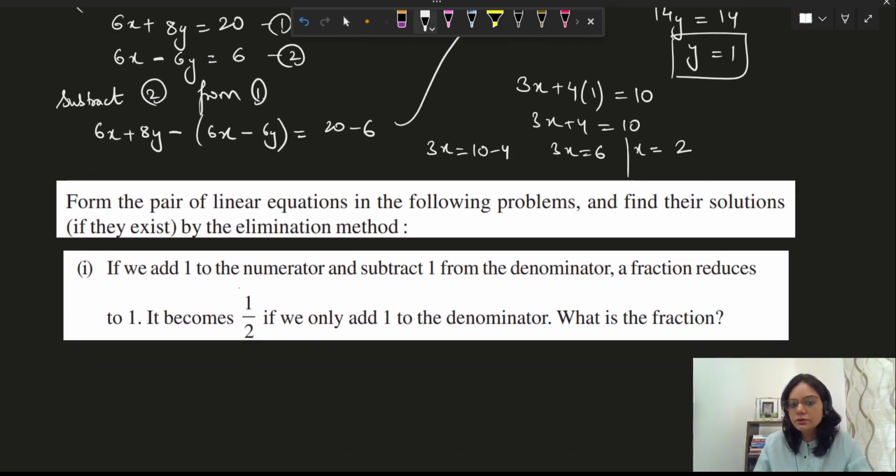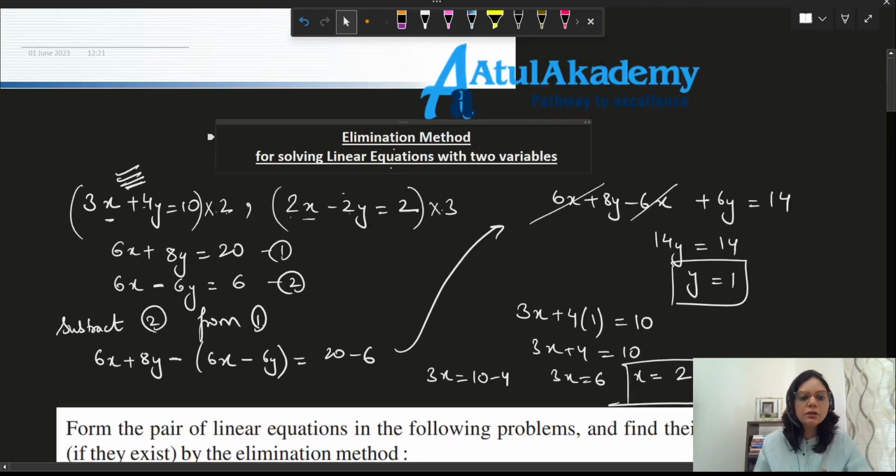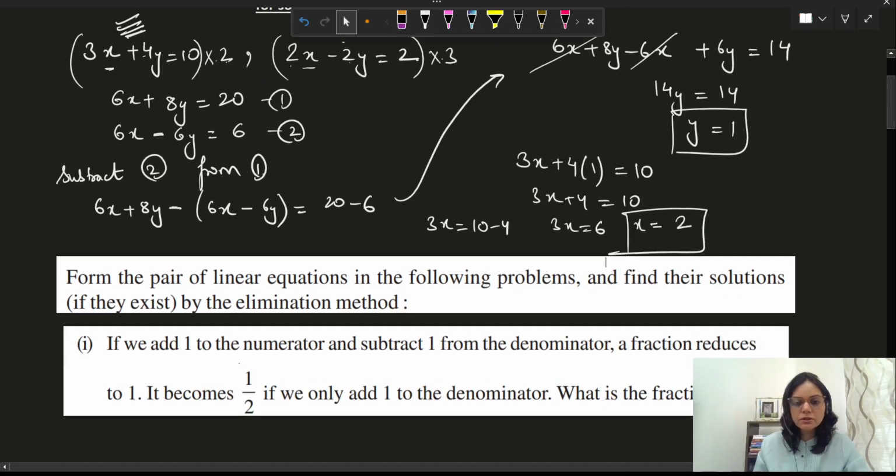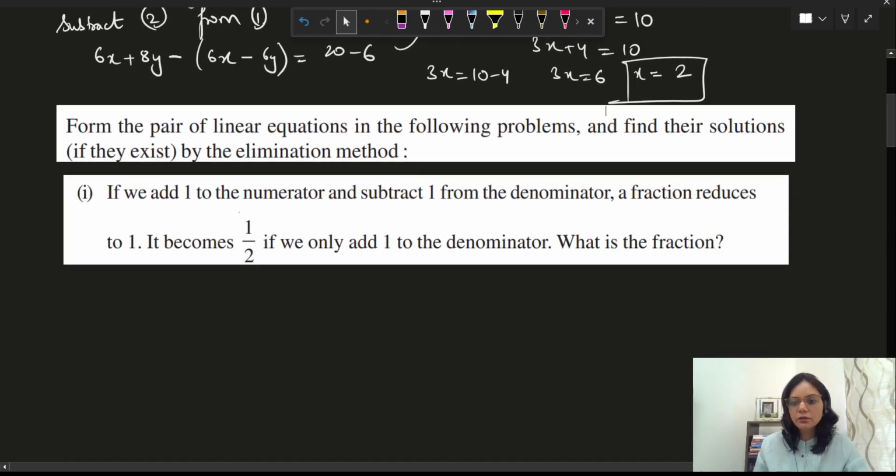You have the solution now. x is 2, y is 1. Clear? This is the elimination method. You make the coefficients of one variable the same, eliminate that variable, and then get the other variable. Fine, students. Now let's move to the questions and understand the method more properly.